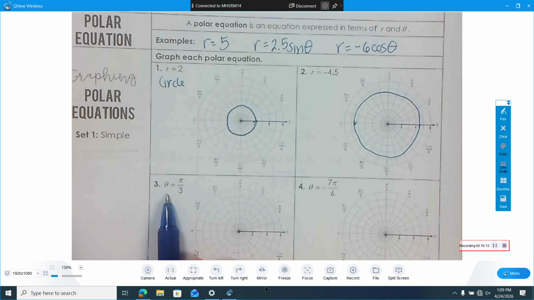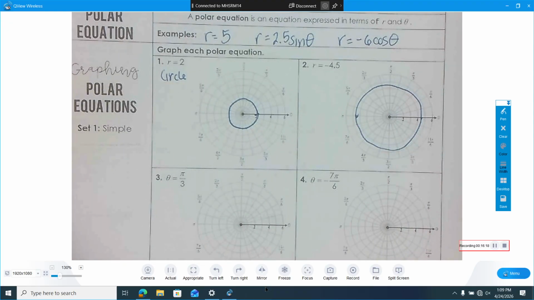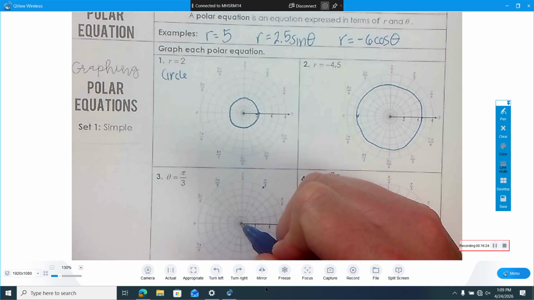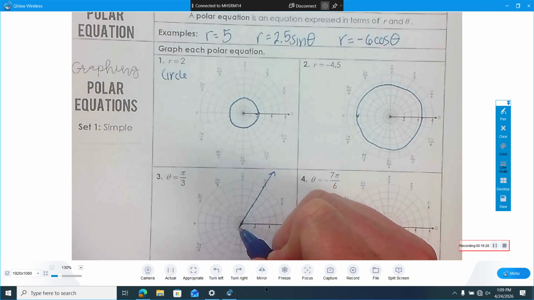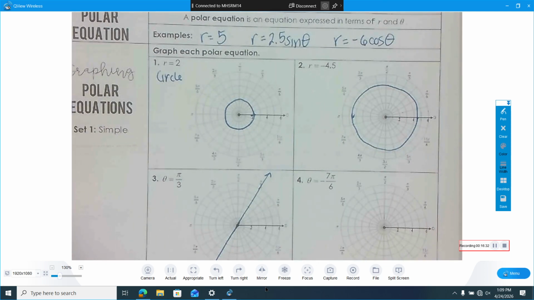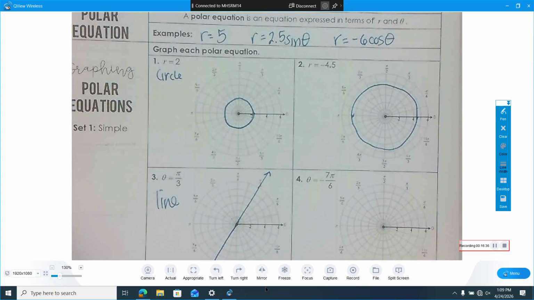What if our equation just says, hey, we want the angle pi over 3? What do you suppose that is? It's just a line, yeah. So where's pi over 3? Right there. It goes from the origin through pi over 3, and it does extend for any radius. So it is simply a line. And what would theta equals -7 pi over 6 look like?